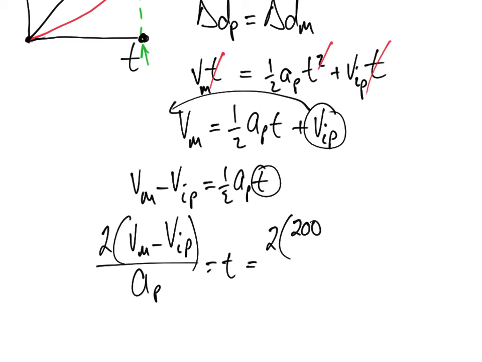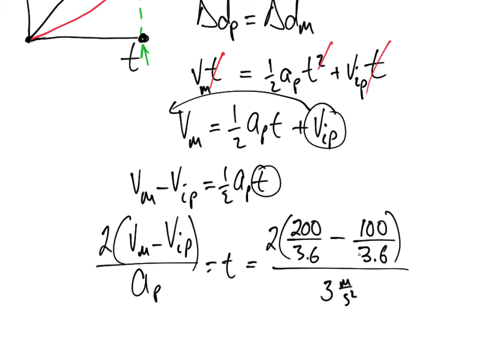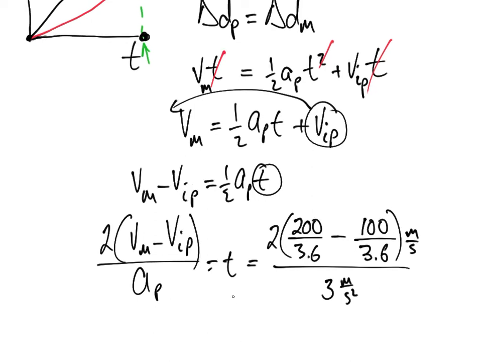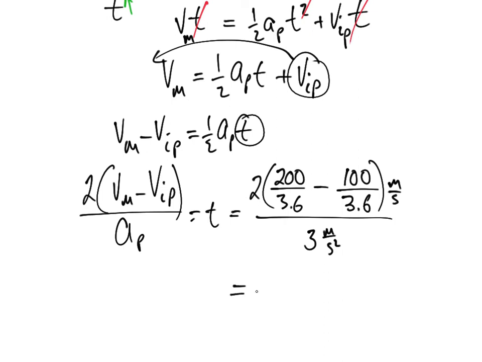So motorcycle 200 divided by 3.6 minus initial police velocity, which is 100 divided by 3.6, and we divide all that by the acceleration of the police, which is 3 meters per second squared. And by the way, bad me, I forgot the units here, and that's meters per second. And so when we put that into our trusty calculator, we get an answer of 18.5 seconds.